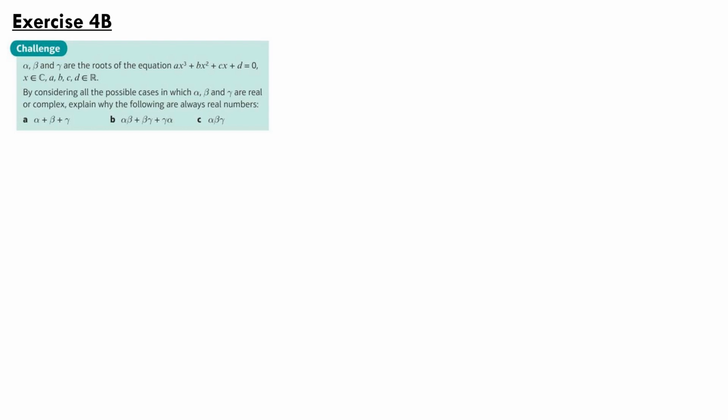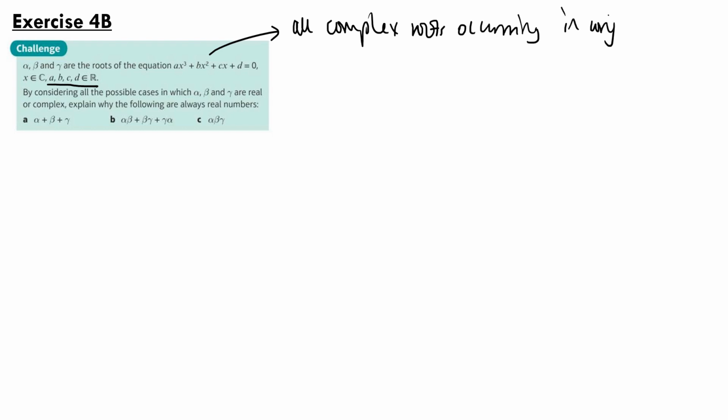Okay, so I guess the first thing we can note is that for any polynomial with real coefficients, like this cubic here, we must have all complex roots occurring in conjugate pairs. So for a cubic with 3 roots, there are only 2 options.